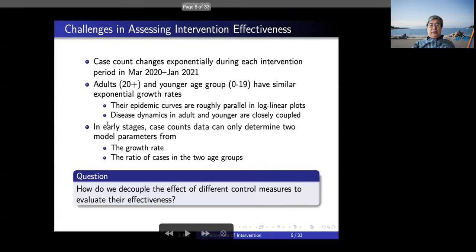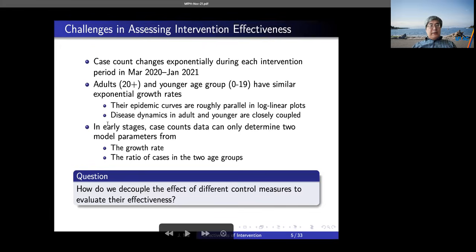After studying all these, we realized that the case counts mostly change exponentially in each intervention period. If the intervention changes, the growth rate changes, but it's still roughly exponential in almost the whole first year of the pandemic. The adults and younger age groups have similar exponential growth rates, or curves in log scale are parallel.